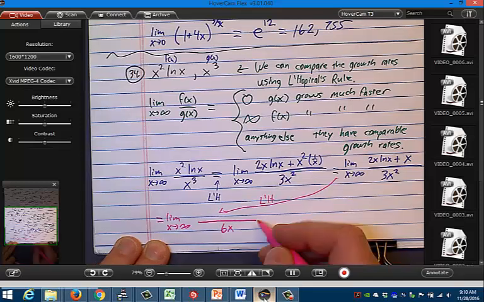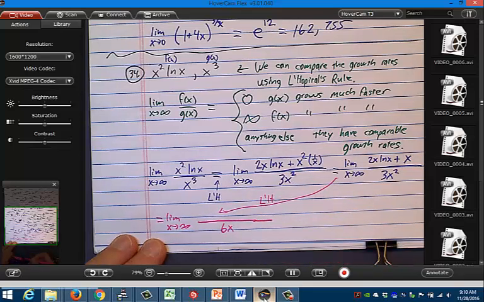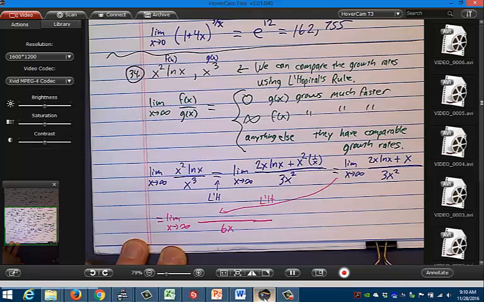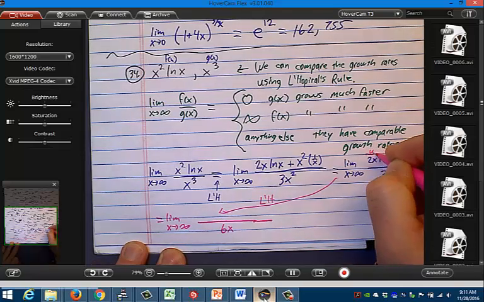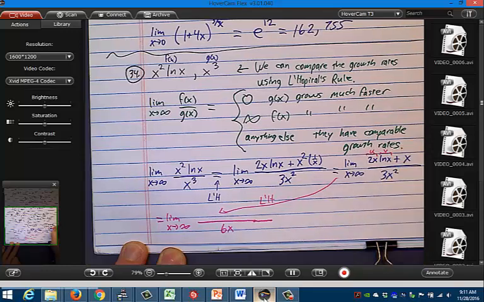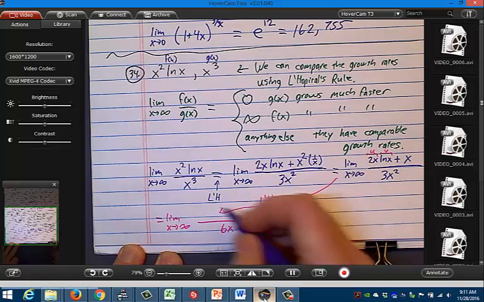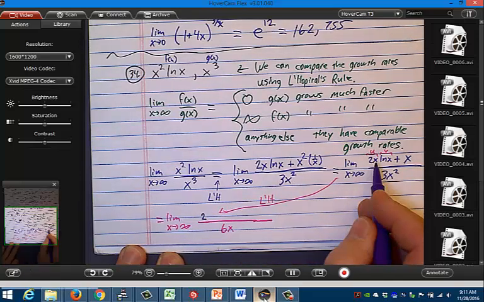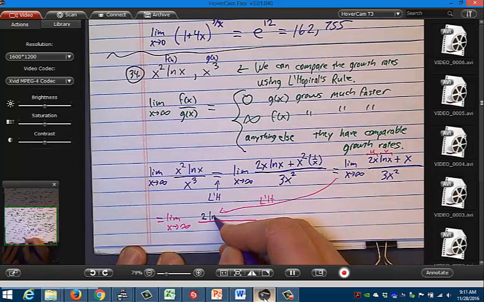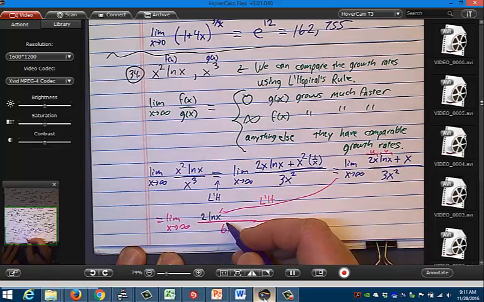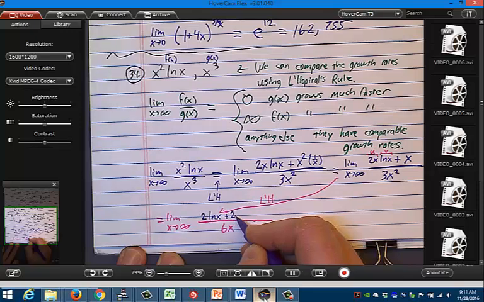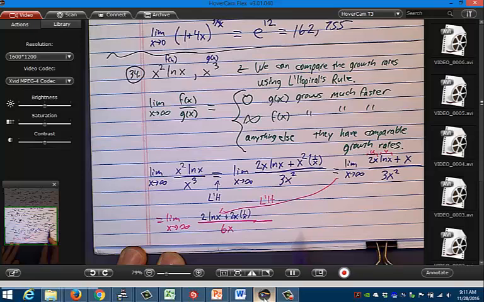I'm seeing a u, that 2x, and a v, that ln of x. So I'll do u prime v plus uv prime again. So I get 2, that's u prime, ln x, plus 2x times 1 over x, and then plus a 1.